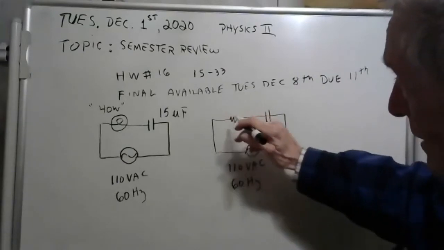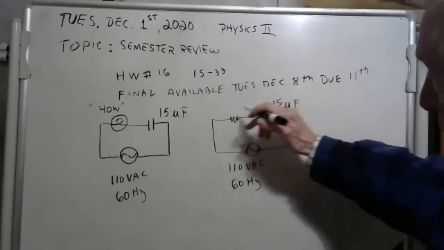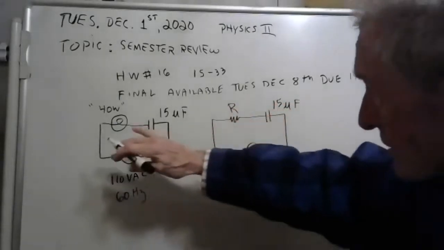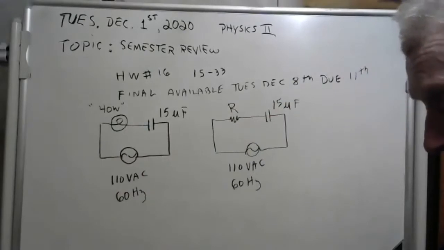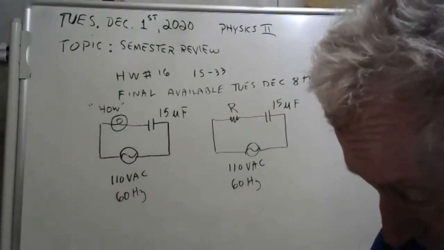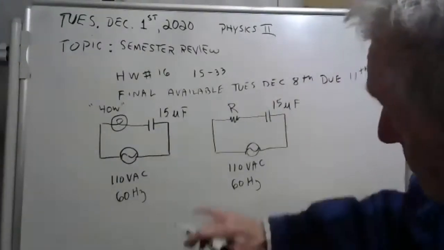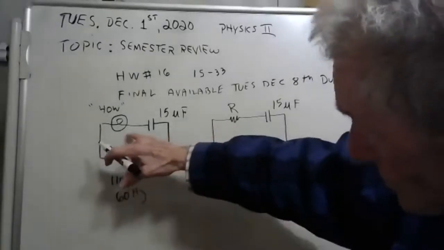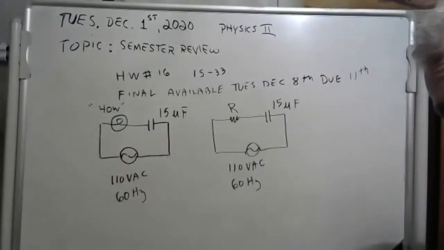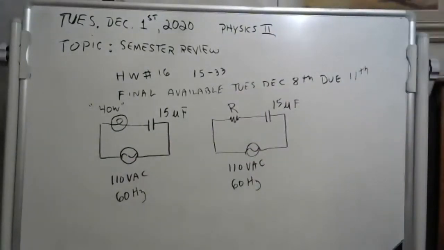But we know what the capacitor is, it's 15 microfarads, but we need to find what the resistance is of that 40-watt bulb. Now I'm going to shut up for a minute, and I want to see if you can do that. See if you can find what the resistance is of that 40-watt bulb, and then we'll do it together. You have about a minute. See what you can do.